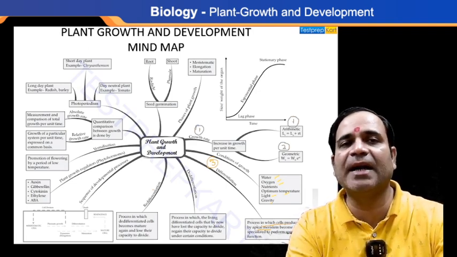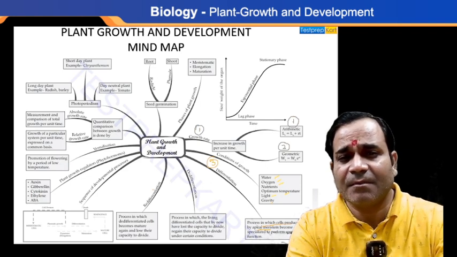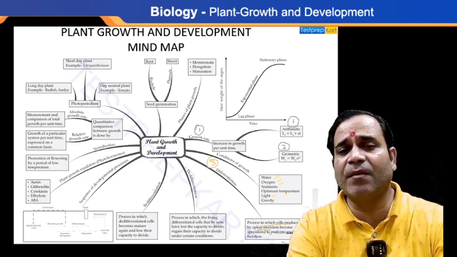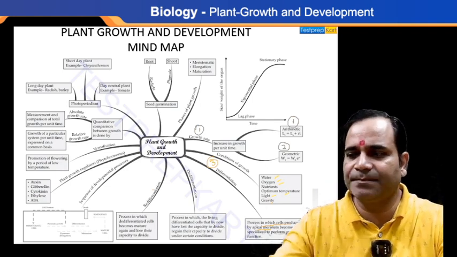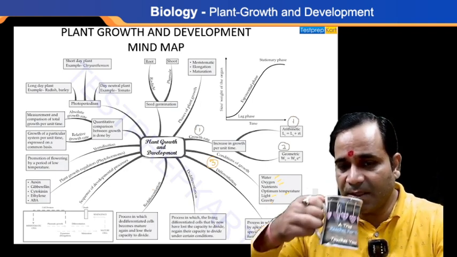And we all know that whenever a cell is differentiated, it needs to perform a definite function.